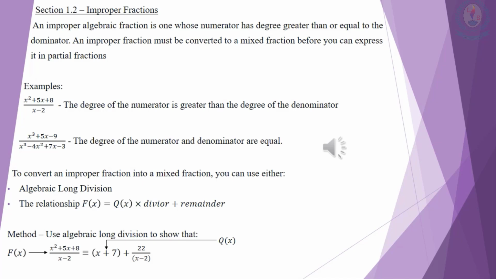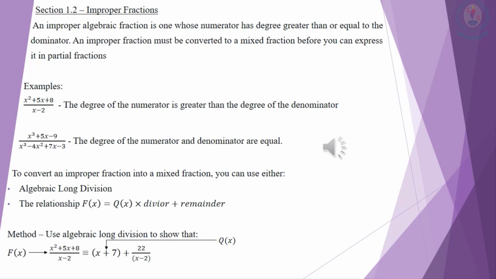To convert an improper fraction into a mixed fraction, you can use either: number 1, algebraic long division, or number 2, the relation f(x) equals q(x) times the divisor plus the remainder.